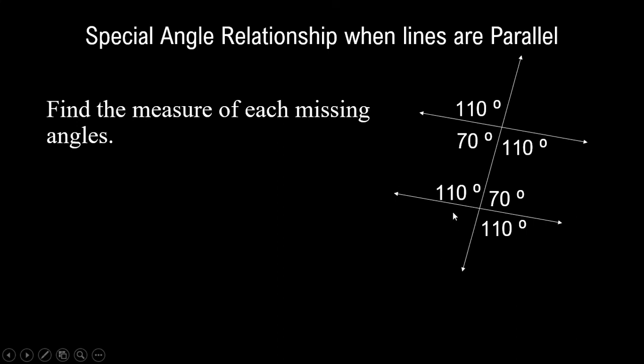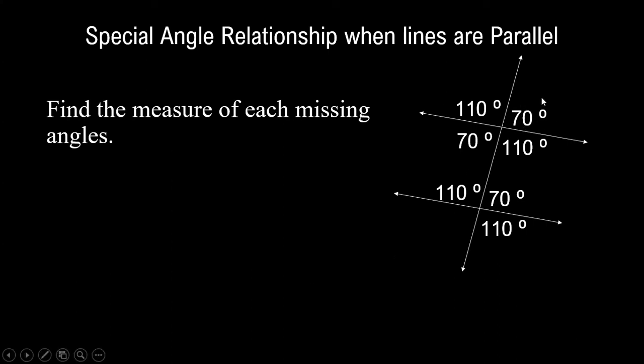Next, we have two remaining missing angles. Let us name this part. If this is 70 and this angle is its corresponding angle, meaning they have the same measure, then this angle is also 70. Okay, last one.